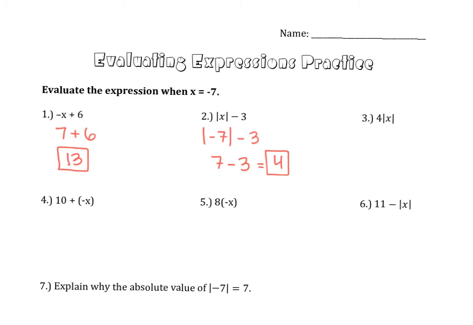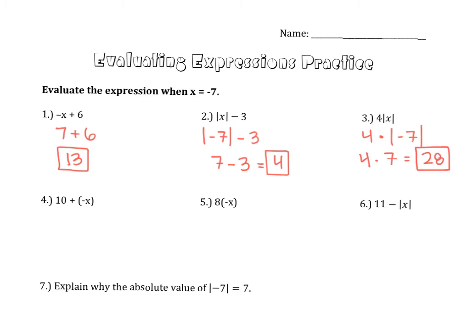On number 3, remember when there's not an operation there, we know it's multiplication. So I'm going to write this as 4 times the absolute value of -7. Again, those absolute value bars are a grouping symbol, which means that's what we need to do first. I'm going to take the absolute value of -7, and it is +7. And then 4 times 7 is +28.